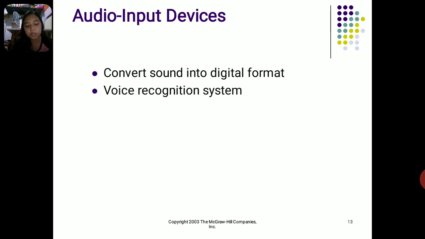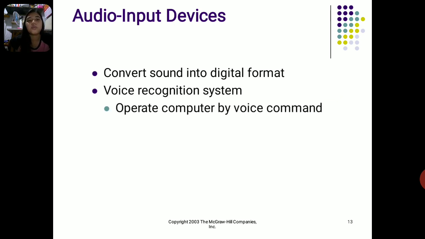For example, if you are working on something, you can use the audio input device to convert the sound you want to type on a laptop or cellphone. We use a microphone, and this is called an audio input device.